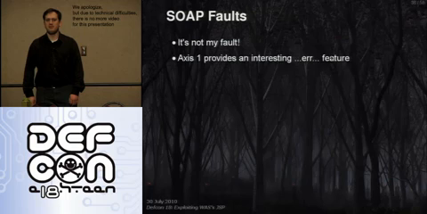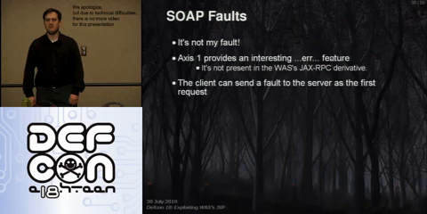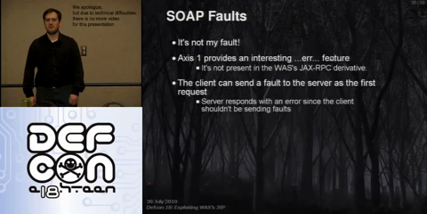Axis 1 provides an interesting feature, which unfortunately is not present in the WAS implementation, the WAS extension of Apache Axis 1. So we can't use it directly with WAS. What happens is that the client, for whatever strange reason, can actually send a fault to the server as its initial request. Usually this isn't something that should be happening, so not surprisingly the server says, what? Send me faults?